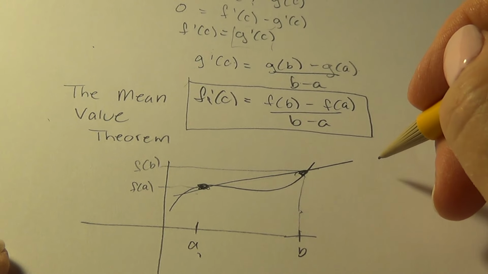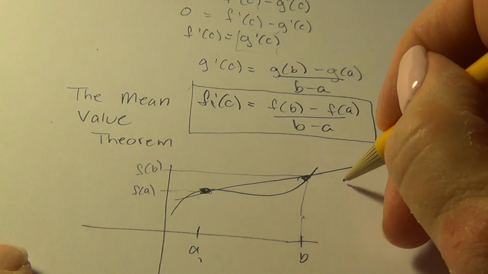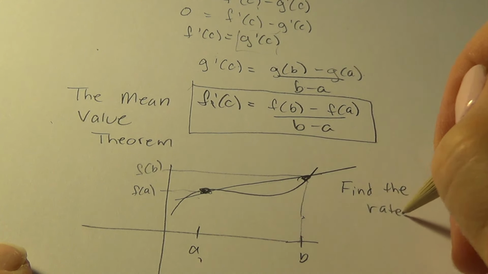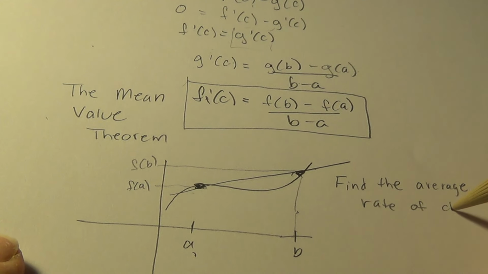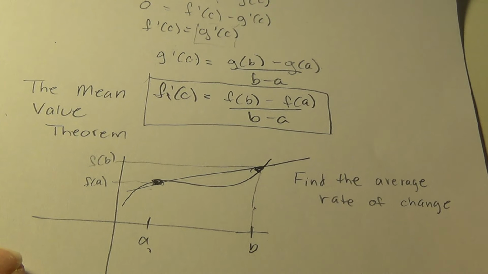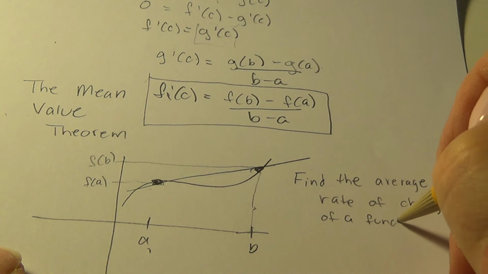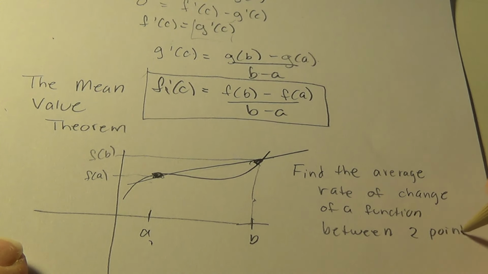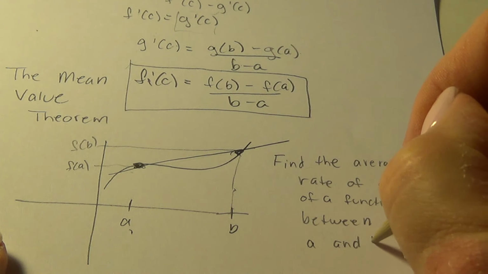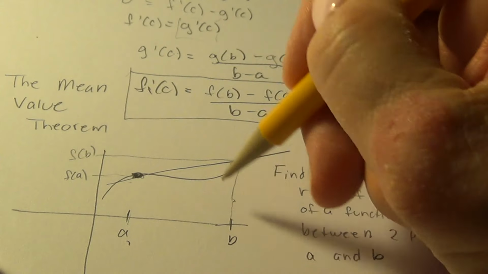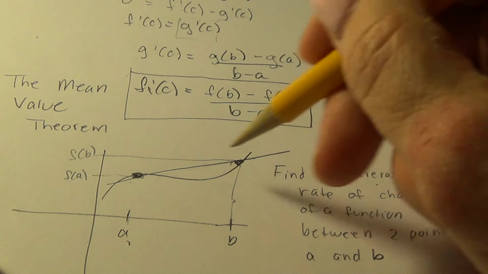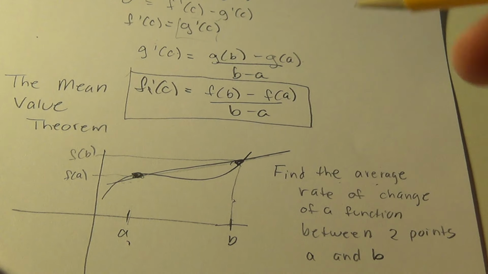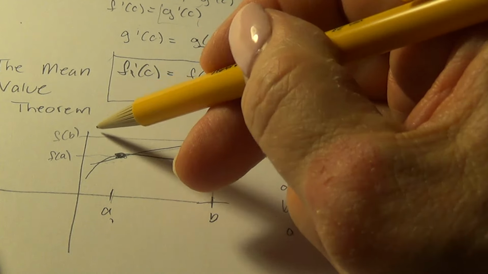So let me write that, and I want you to write that as well. First of all, find the average rate of change of a function between 2 points A and B. So here's my point A on the function, here's my point B. The average rate of change of that function between the two is found by drawing a secant line between the two points and finding the slope, the change in y over the change in x.